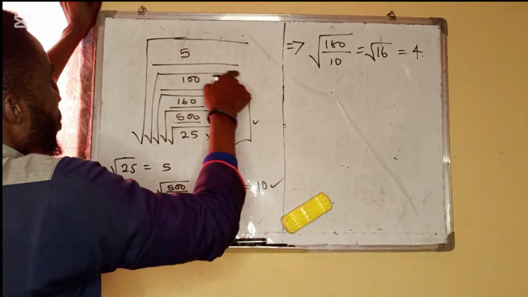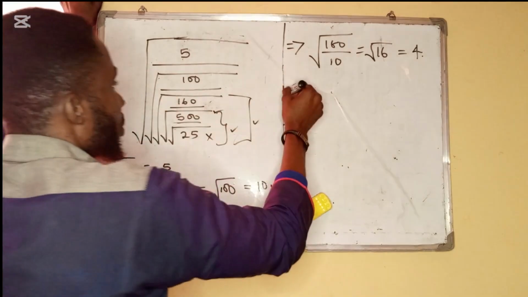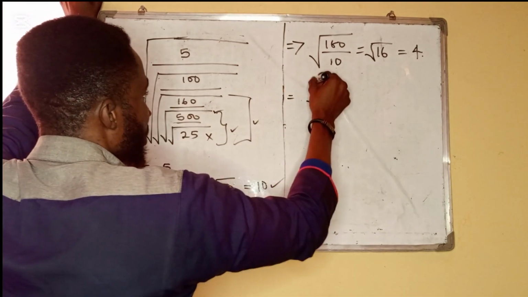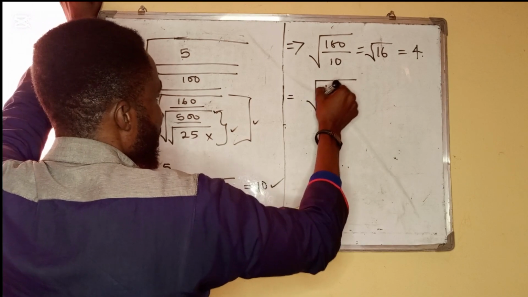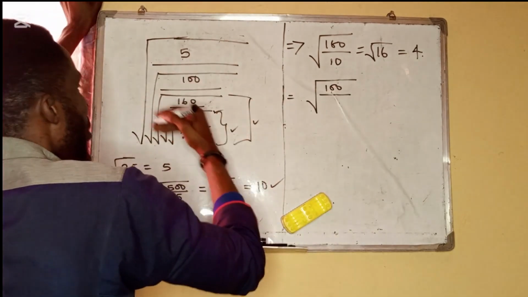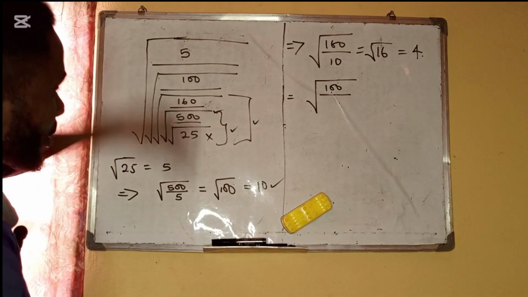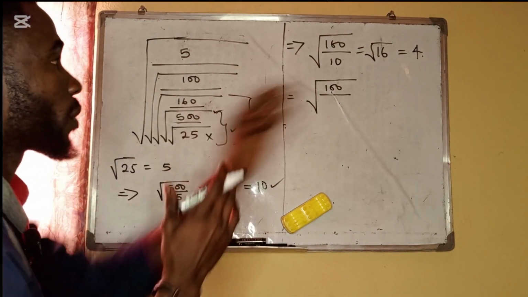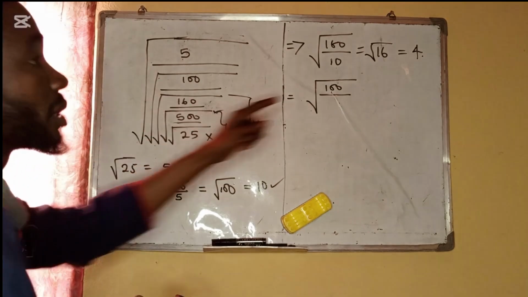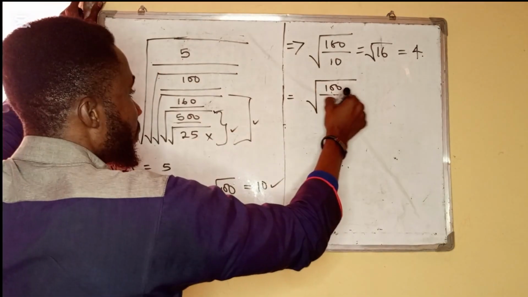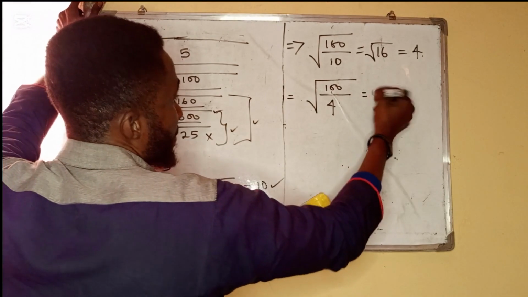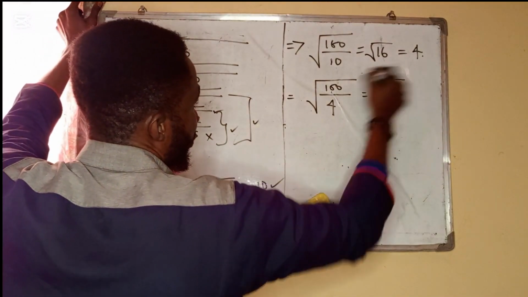Now let's move to the next one, guys, which is the square root of 100. So this implies that we have the square root of 100 all over everything we've gotten here, and everything at the denominator happens to be 4 as earlier solved. So we have 100 over 4. Is that taken?